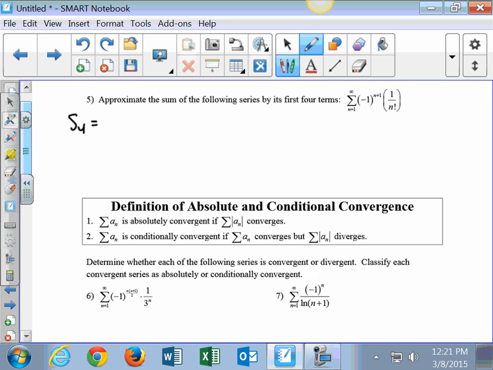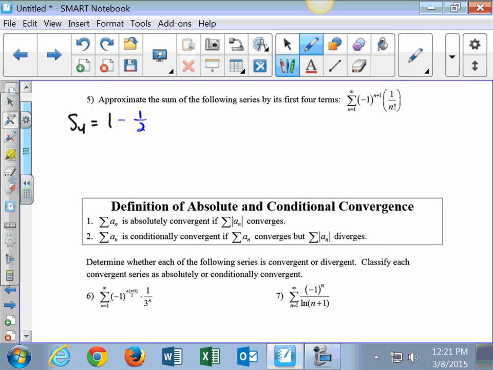Let's write those out. If I plug in my first term, I would just get 1. The second term, plugging in a 2, that would be 2 factorial, which is just 2. And 2 plus 1 is 3, so my sign is not actually positive. It would be negative 1/2.